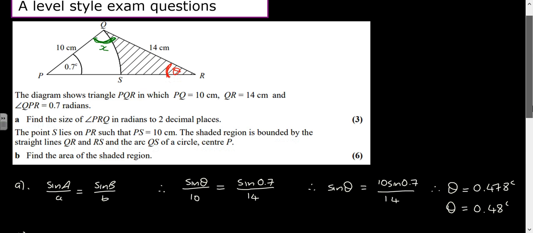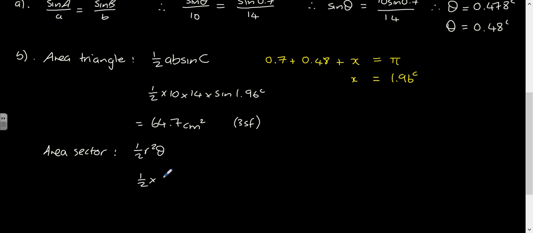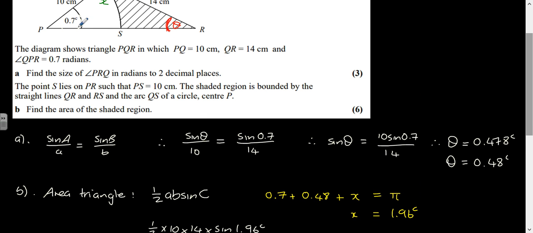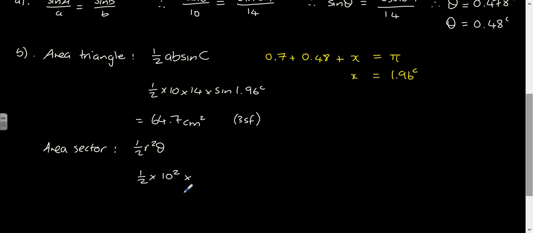So the radius is 10. So we've got 1/2 times 10 squared multiplied by theta, which is this 0.7. I'm going to multiply by 0.7 without sine, without anything like that. So it's just 1/2 times 10 squared times 0.7, which is 35.